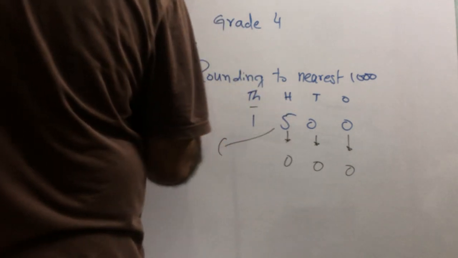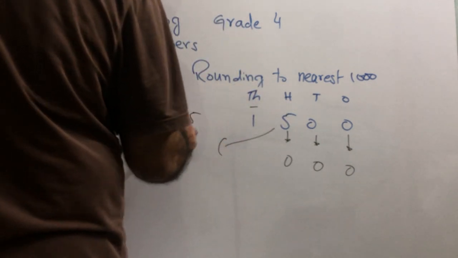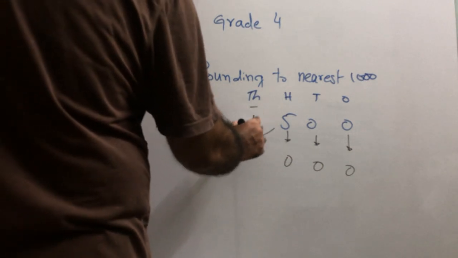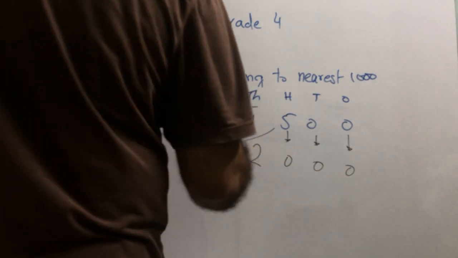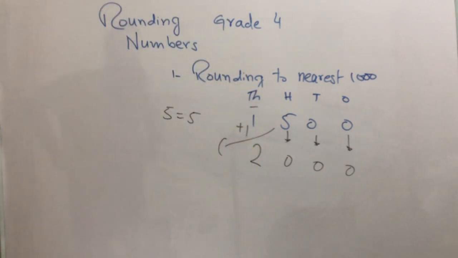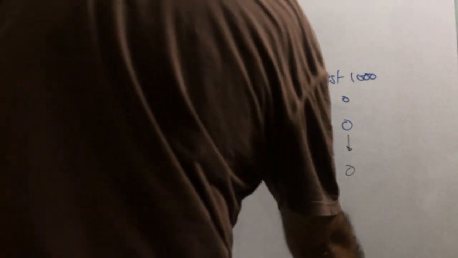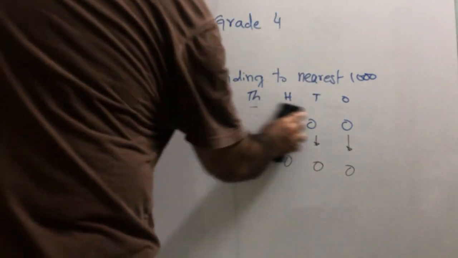If this 5 is equal to 5 or greater than 5, then we add 1 to the 1000 place, and it becomes 2000. The original number was 1500. When we decided to round it to nearest 1000, we got the answer 2000. This was another example.